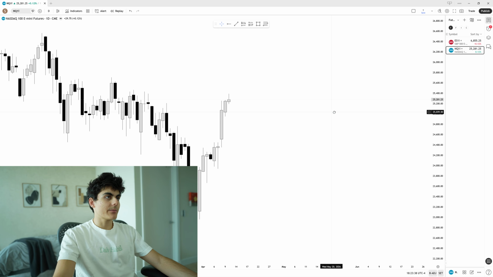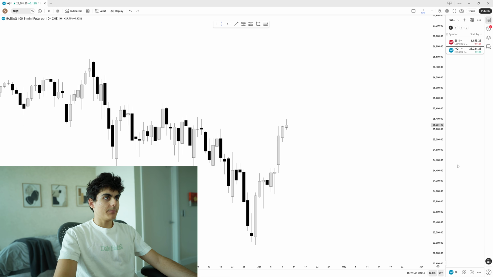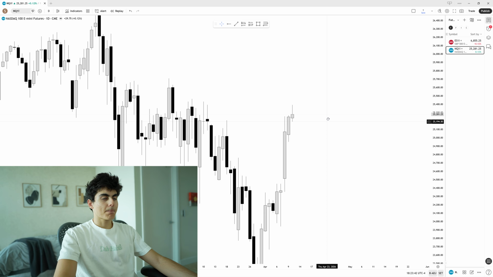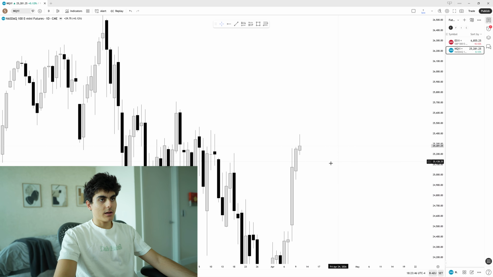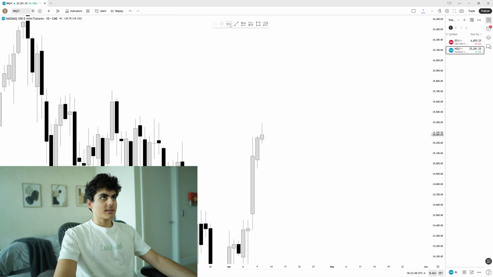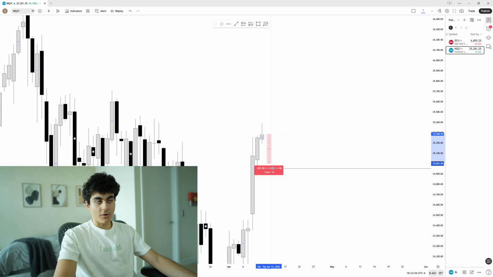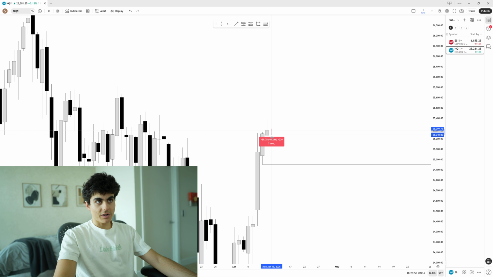So on the daily time frame, what do I see? Not much. It doesn't tell me much. It tells me that we're very bullish. Other than that, all I see is the start of this daily fair value gap, which is down here. But this is a far target, so price is not going to go all the way down there.